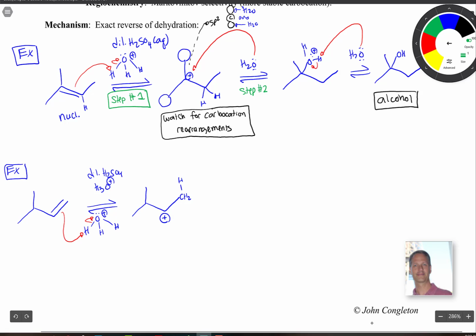Now, there's an H that's over here. So we could get an H shift. Right? So let's just redraw this thing down below for a second with its H here, and a plus charge there. And let's do H shift.